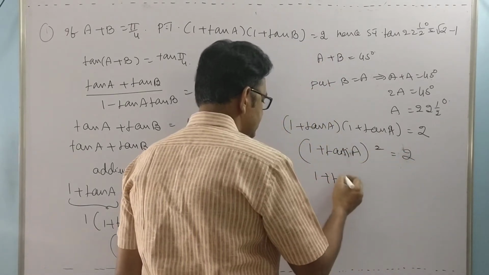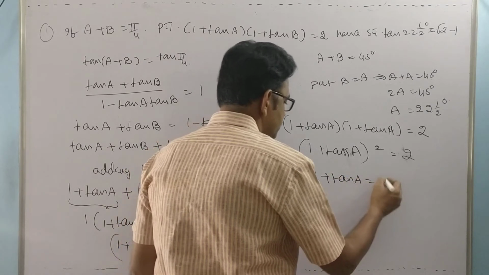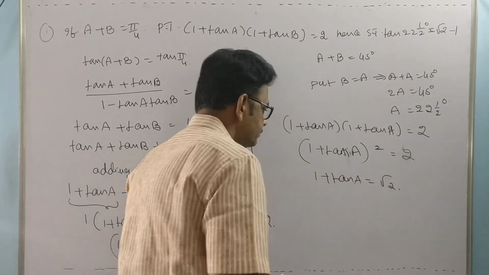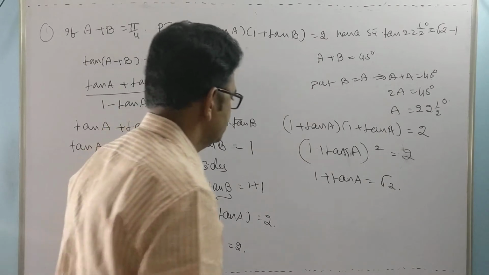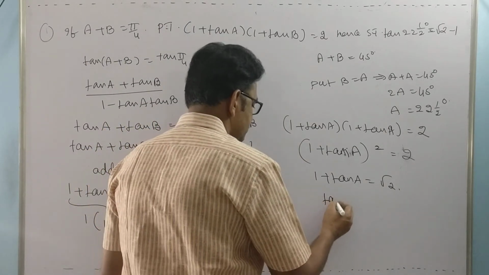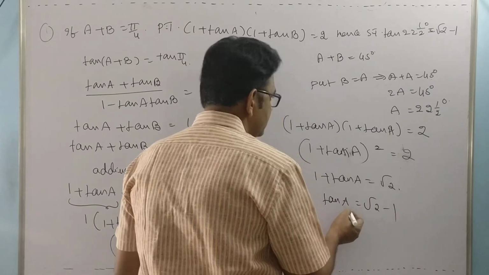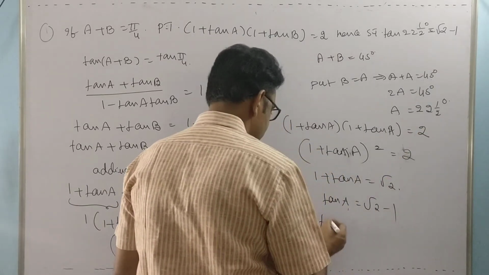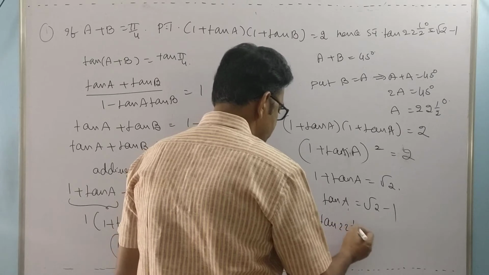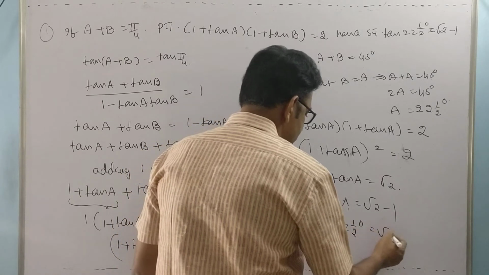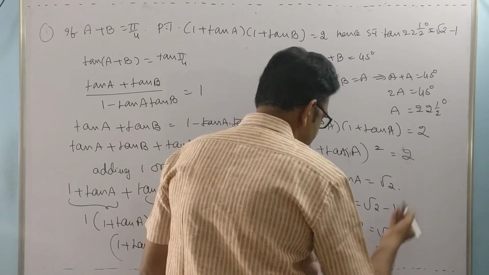Therefore 1 plus tan a is equal to what? Root 2. Therefore tan a is equal to root 2 minus 1, where a is equal to 22 and half degrees. Therefore tan of 22 and half degrees is equal to root 2 minus 1.